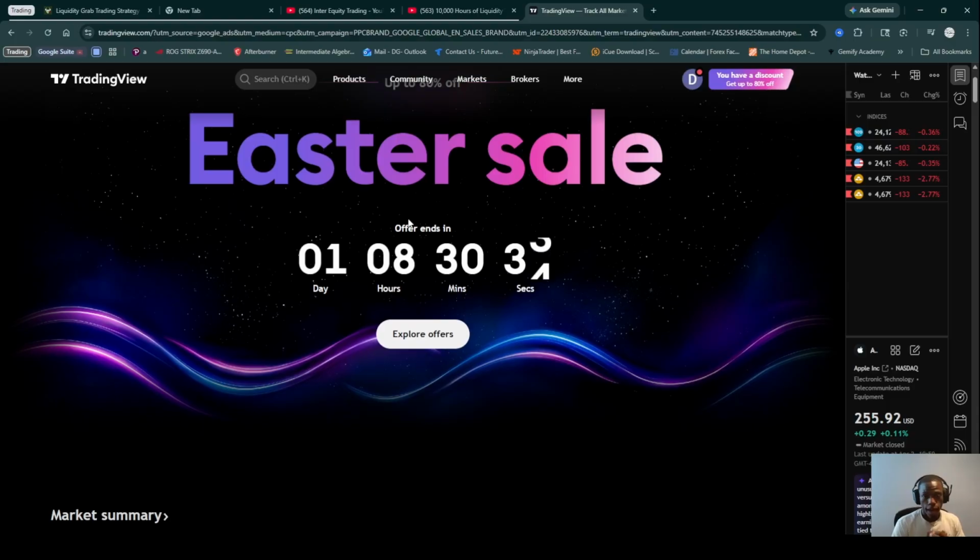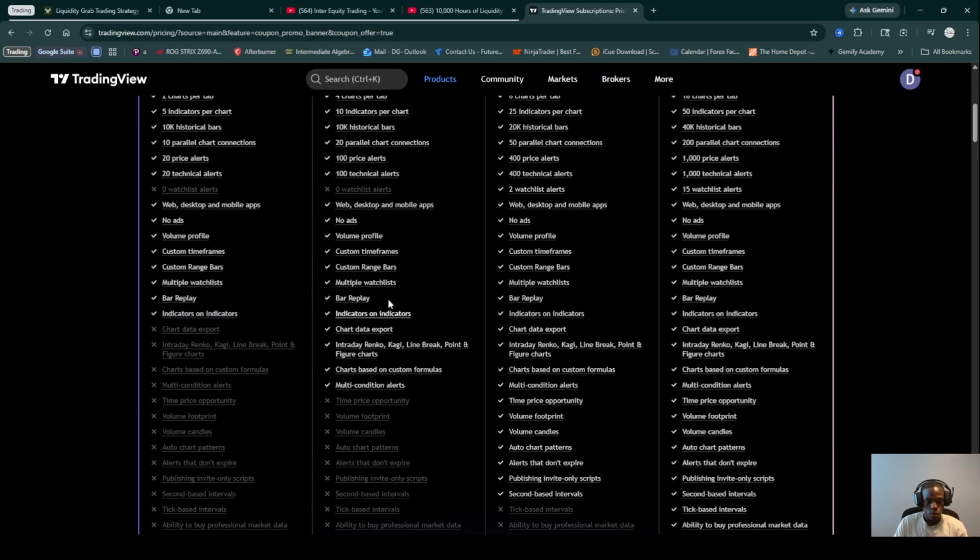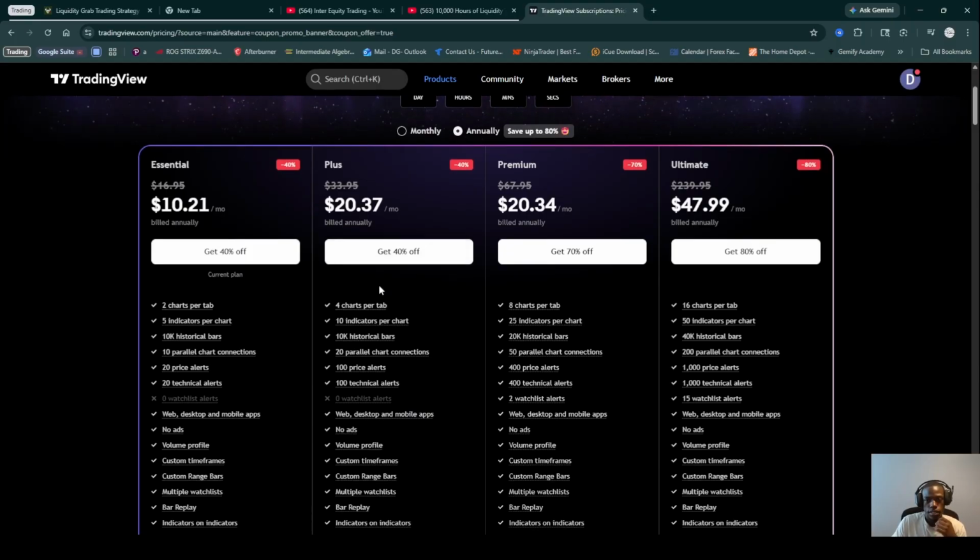As of right now, they do have a sale going on for TradingView, and I do have the basic plan, or the second plan. They offer a lot of plans. I think I have the plus.